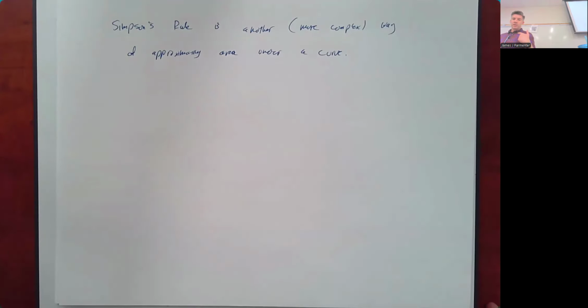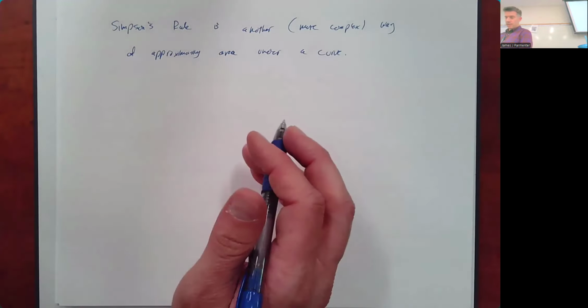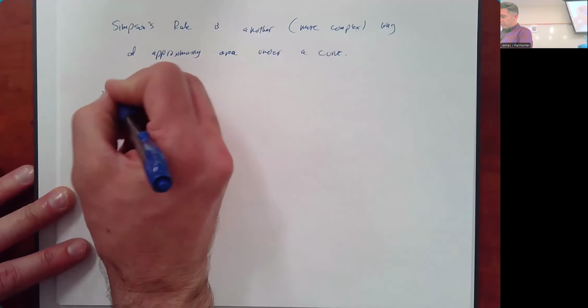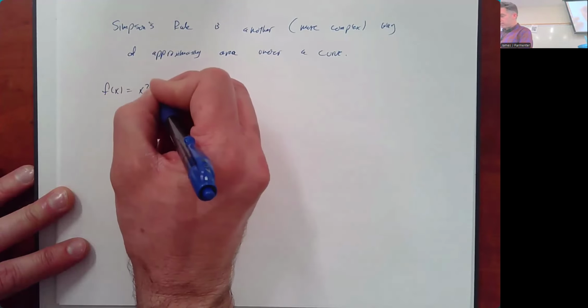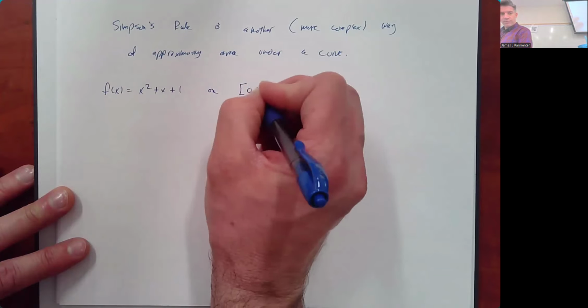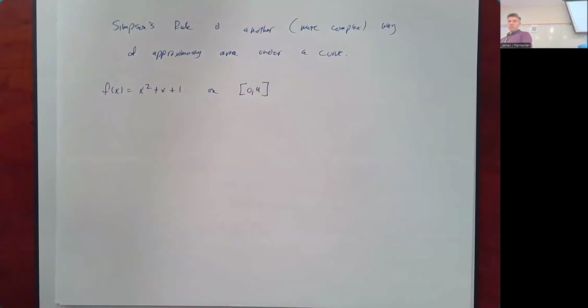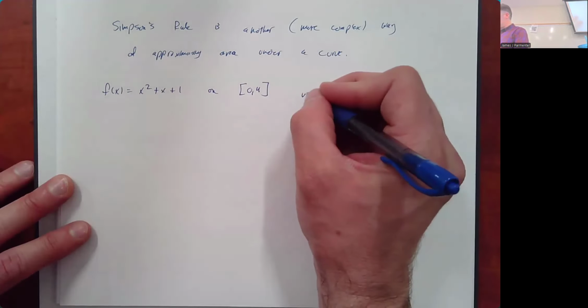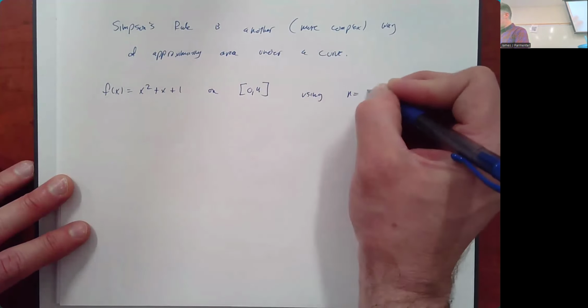So let's look at this example, which again is not going to be very interesting numerically. But let's say we have the function f of x equal to x squared plus x plus 1 on the interval from 0 to 4, and we're going to use n equal to 2 subintervals.